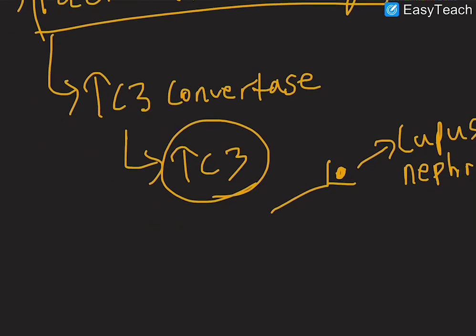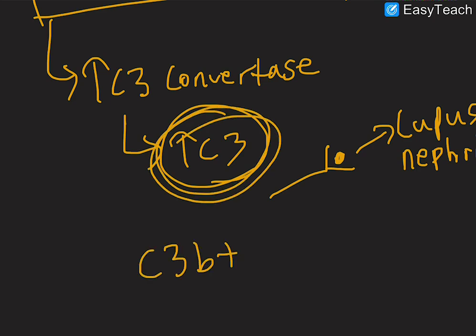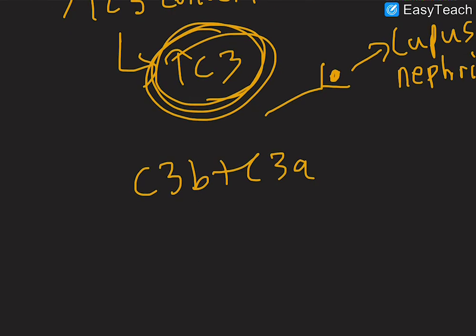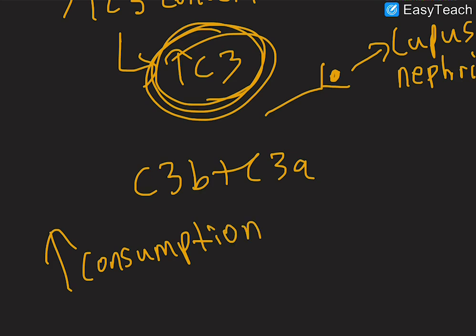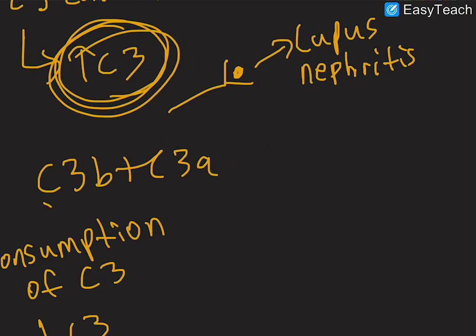But what happens in this case is you get a lot of C3 convertase activity, which means you cleave a lot of C3 into C3b and C3a. So you actually consume a lot of C3. If you did labs and saw the C3 levels, they would be low, so increased consumption of C3. You would have low C3 levels, but excessive formation of C3b and C3a.